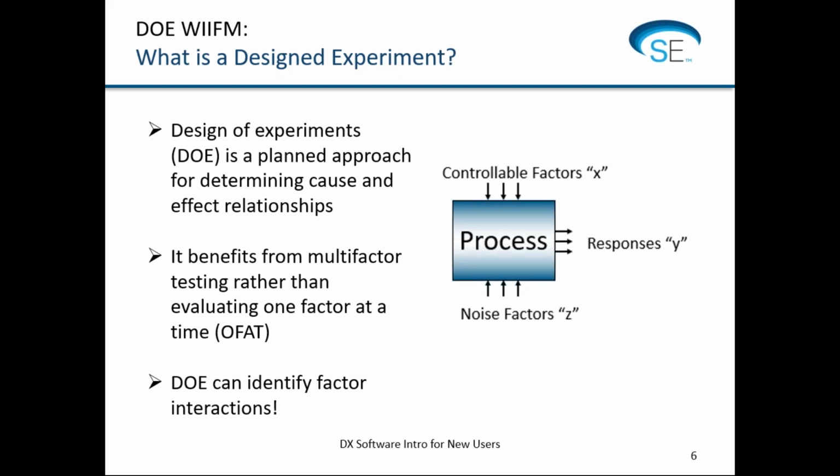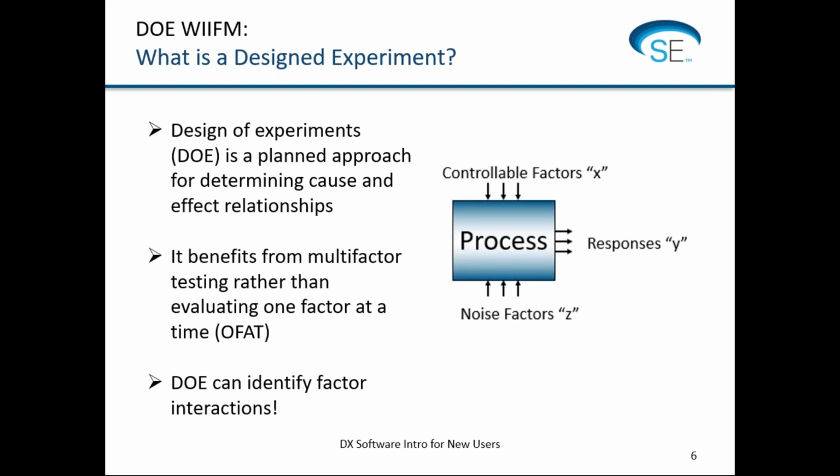You know, noise factors for the coronavirus might be we have a certain segment of the population that's immune to the disease, so it's difficult to relate the controllable factors to the responses, or perhaps the test method itself is not terribly precise, and so we're getting a little noise from the measurement system.